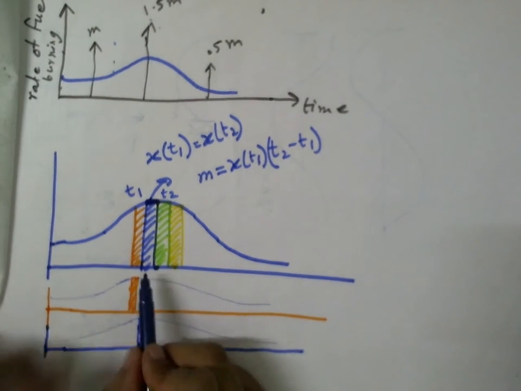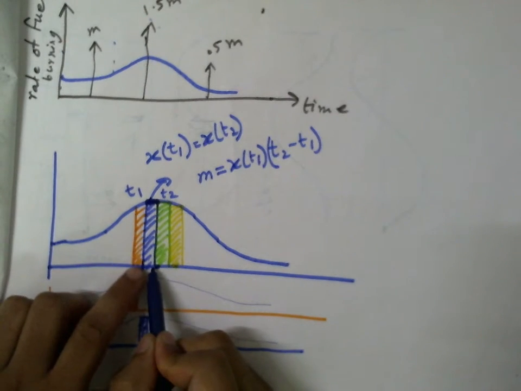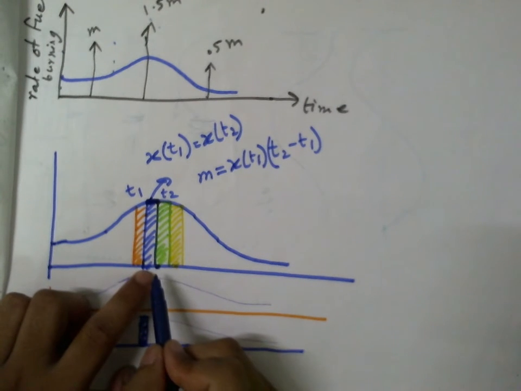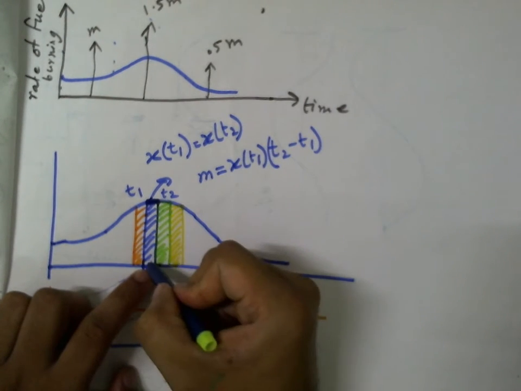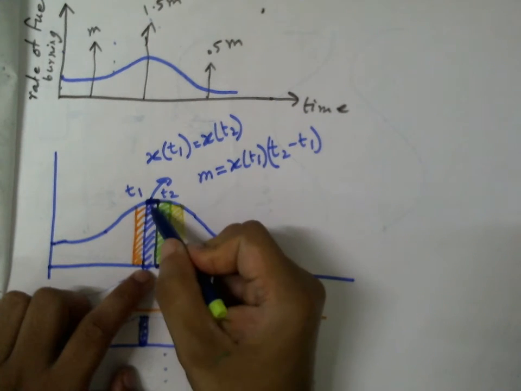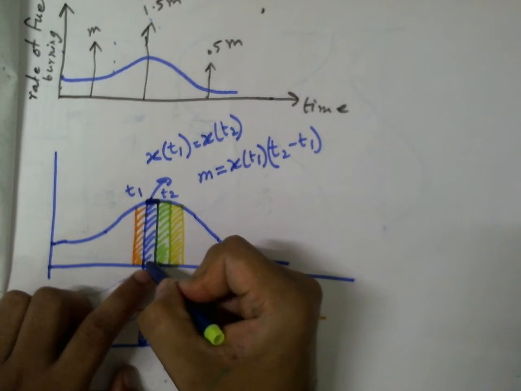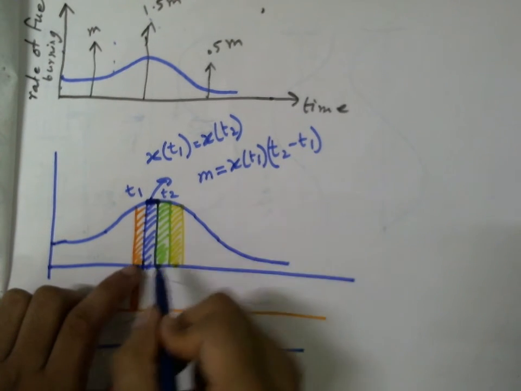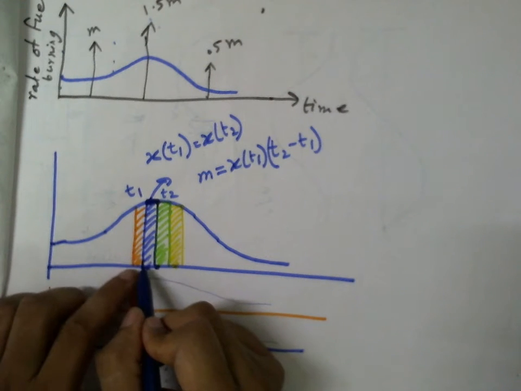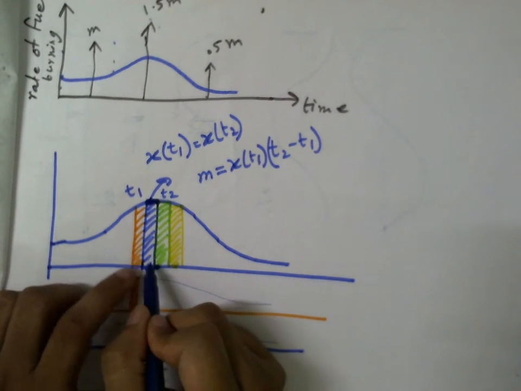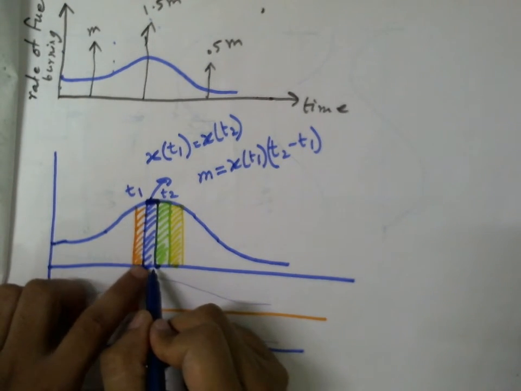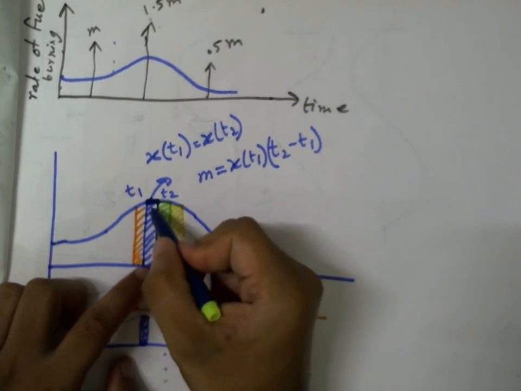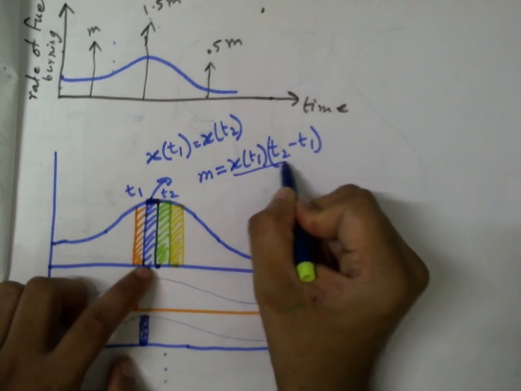Now if this width is very small, then I can assume that this is tending to an impulse function, in the sense that the duration or the span where this function is non-zero is tending to 0, and the area under this curve is equal to this.